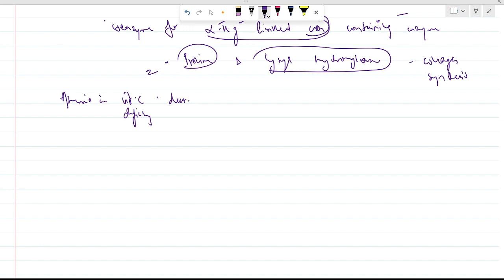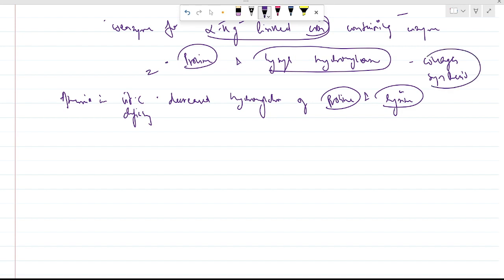Why? Because there is decreased hydroxylation of proline and lysine. Proline and lysine are the two amino acids in the triple helix structure of collagen. The hydroxylation is done by proline and lysine hydroxylase.